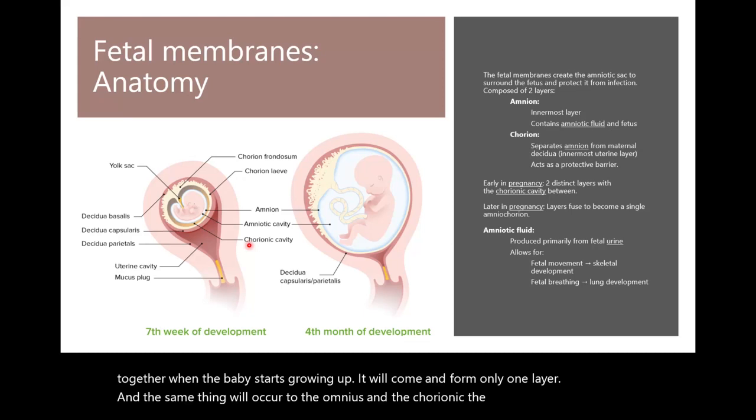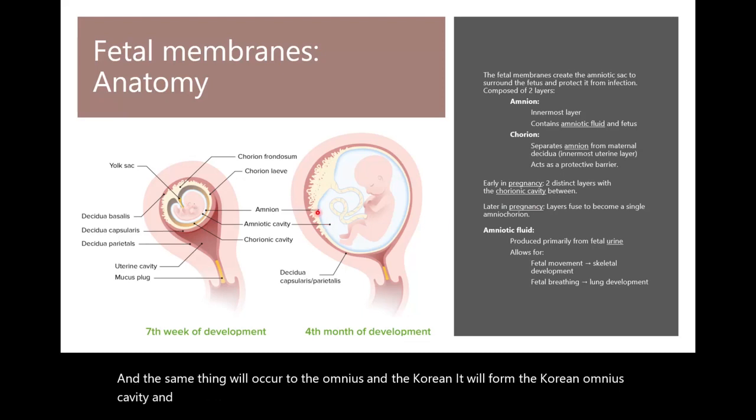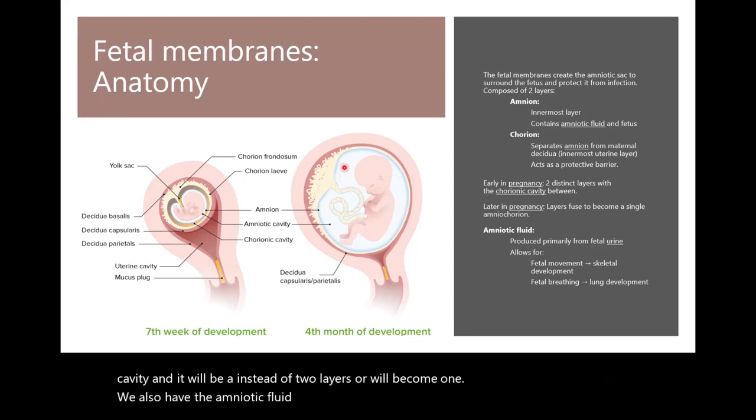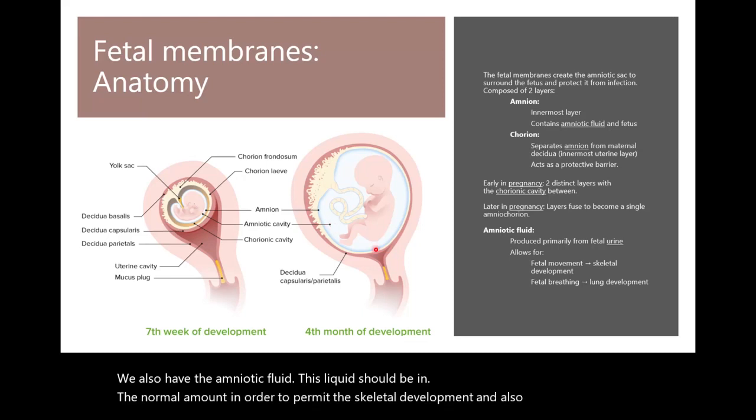They will form the chorioamniotic cavity, and instead of two layers, it will become one. We also have the amniotic fluid. This liquid should be in the normal amount in order to permit skeletal development and also lung development.